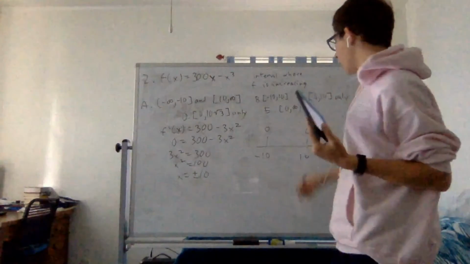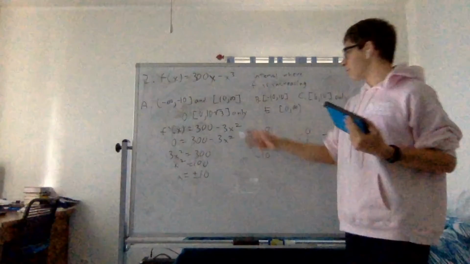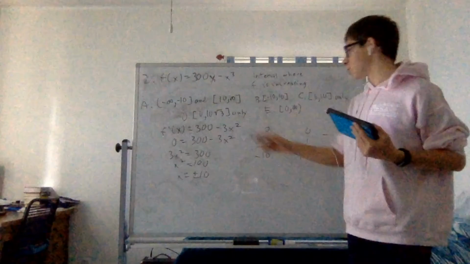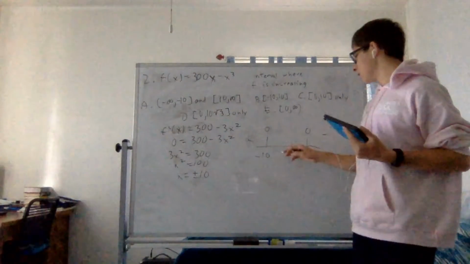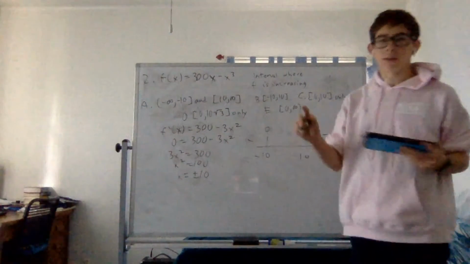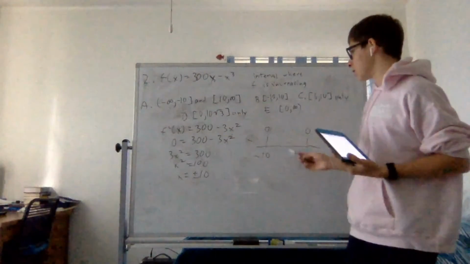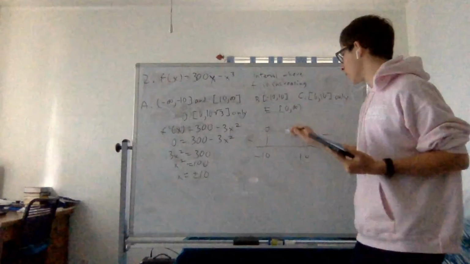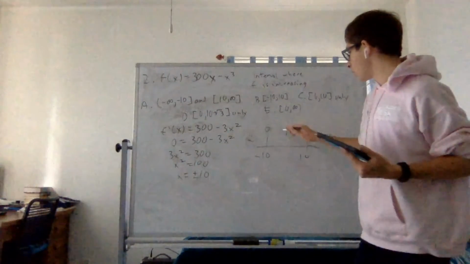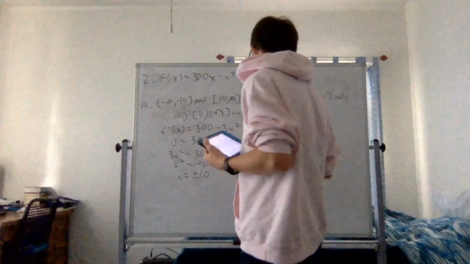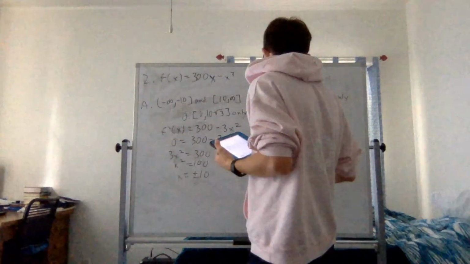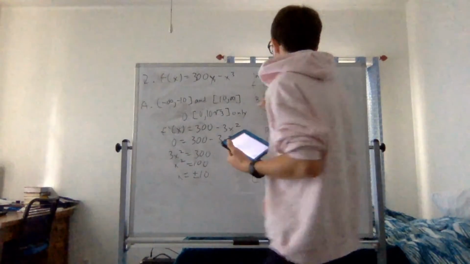And then if we have negative 10,000, that squared is going to make it positive, so then you can subtract again. But if it's between negative 10 and 10, say like 0, you get a positive there, right? So you know that it's increasing between negative 10 and 10, right? Which is B.